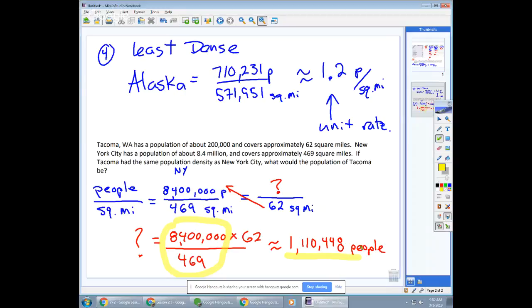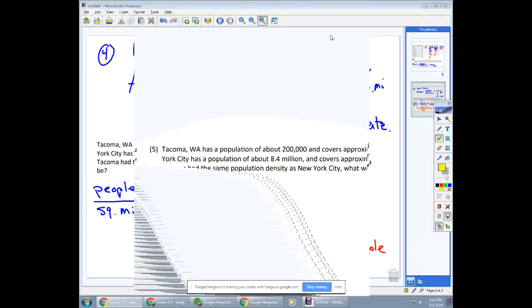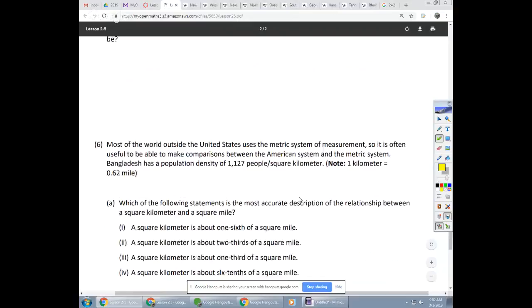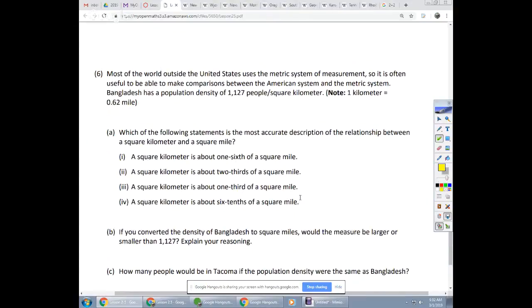Okay, cool. Moving on, we're almost done. Next stage of our adventure. All right, most of the world outside the US uses the metric system, so it is often useful to make comparisons using the metric system.